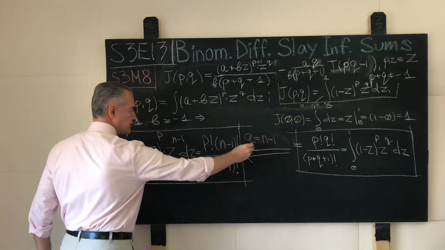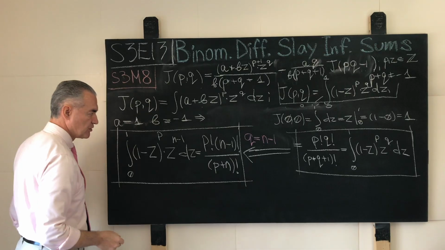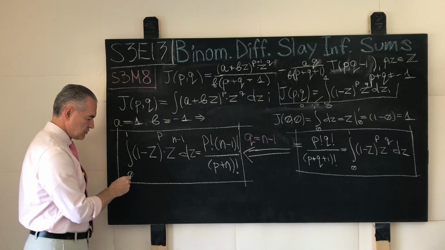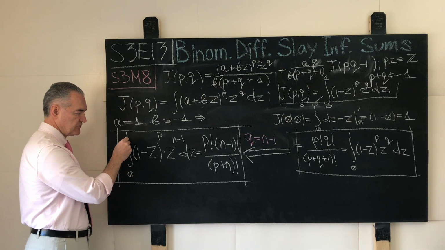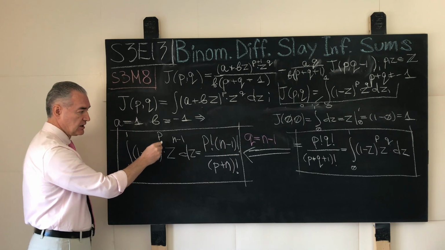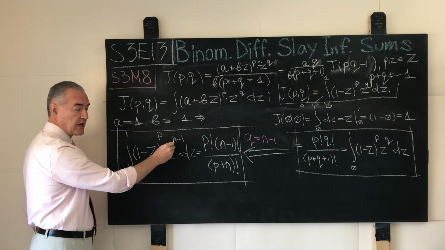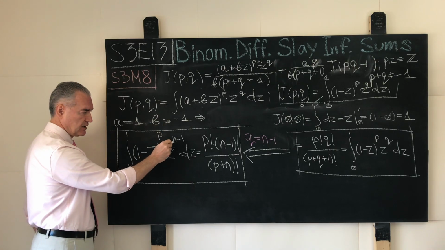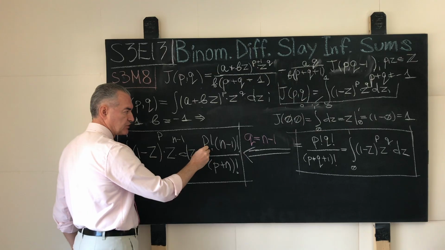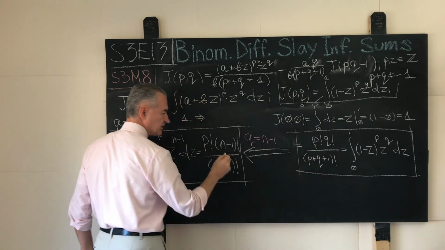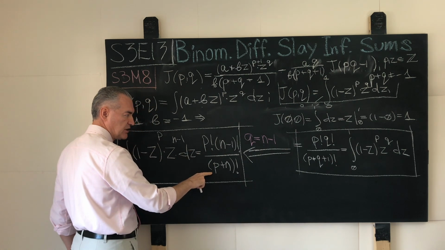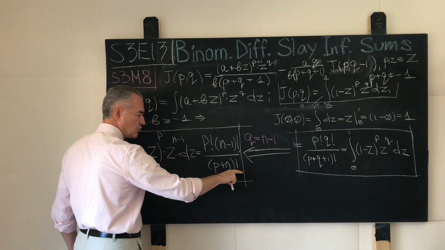So thus, under this substitution, when q is replaced with n minus 1, we have the following result. The integral from 0 to 1 of the following integrand, 1 minus z raised to the power of p times z raised to the power n minus 1, this is important, n minus 1, dz, is equal to p factorial times n minus 1 factorial divided by, what do we have in the denominator? p plus n factorial.